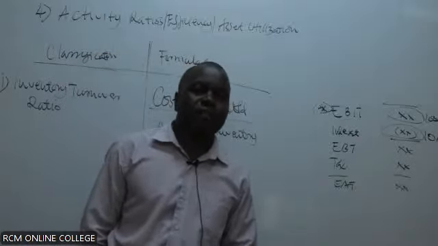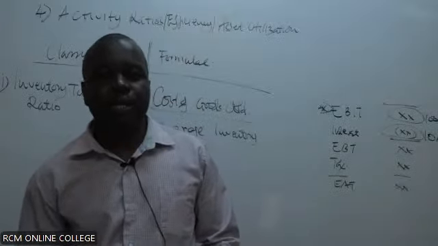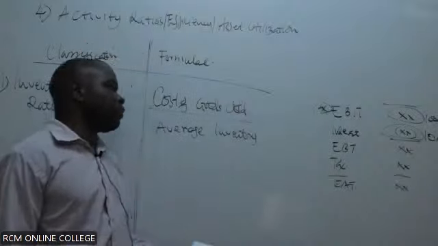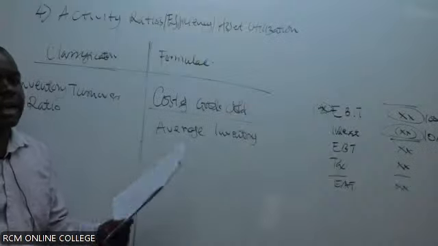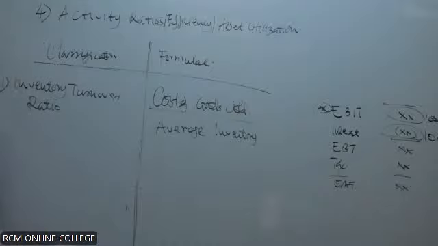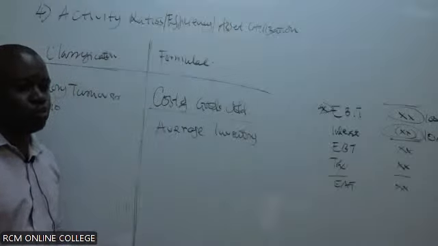They have just given you a figure of inventory in the balance sheet, but you don't know the opening stock. You assume that as the average inventory. So where you haven't been given opening and closing inventory, you assume the single figure given for inventory is the average inventory. But if you have been given the opening and closing inventory, then you divide by 2.